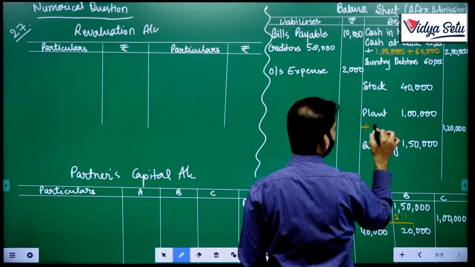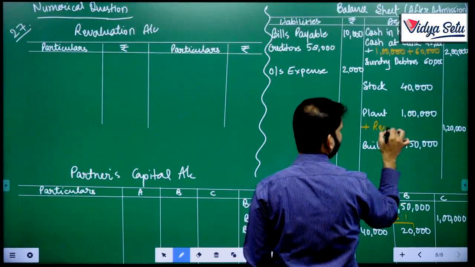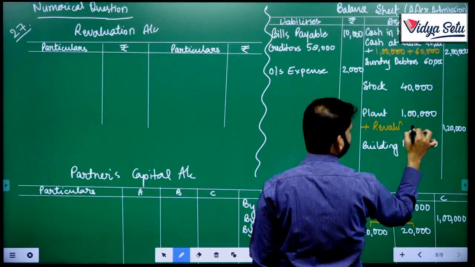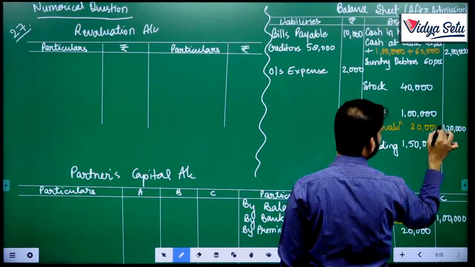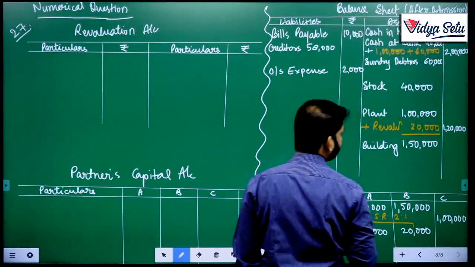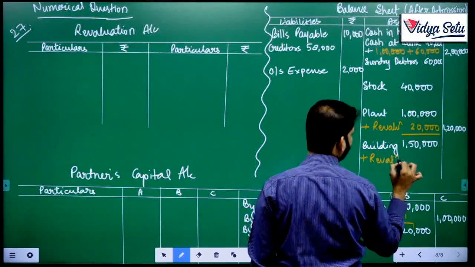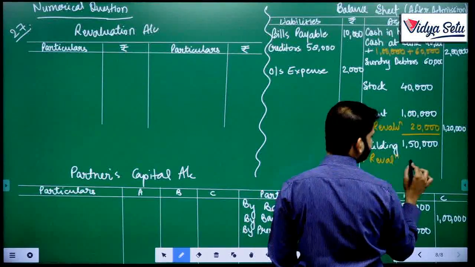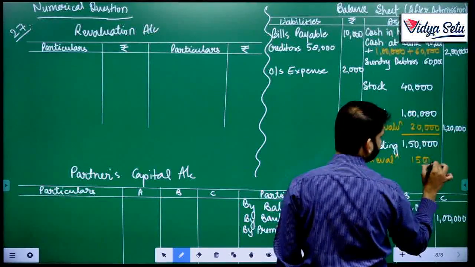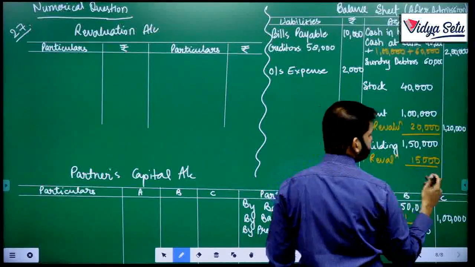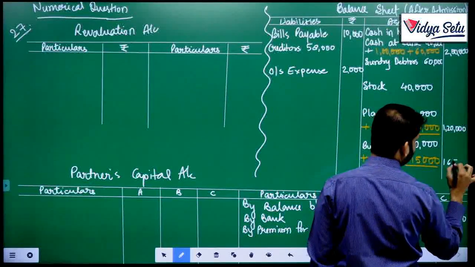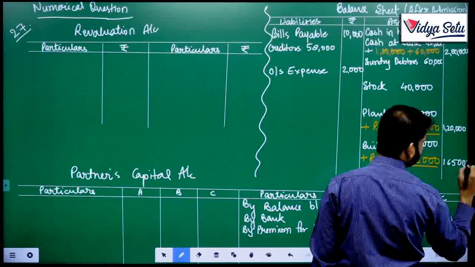Because there is an increase. Why? Because it's revaluation. How much increase? 20,000 increase is there, and building also increases by revaluation of 10%. So 15,000. So this becomes 1,65,000.